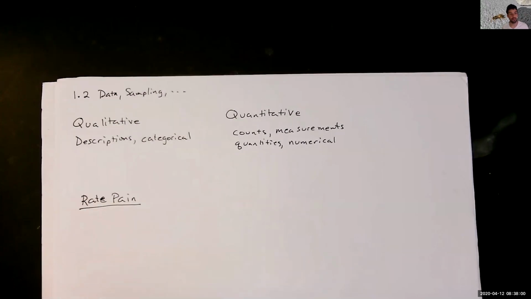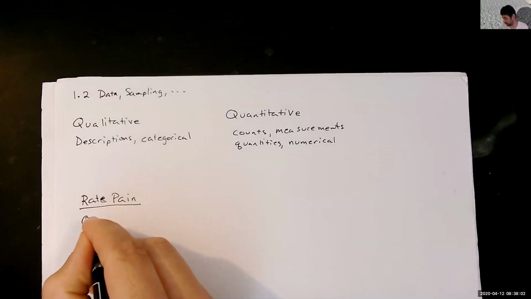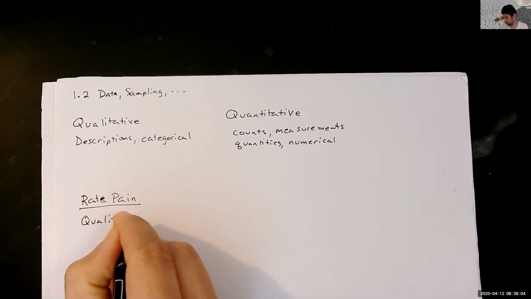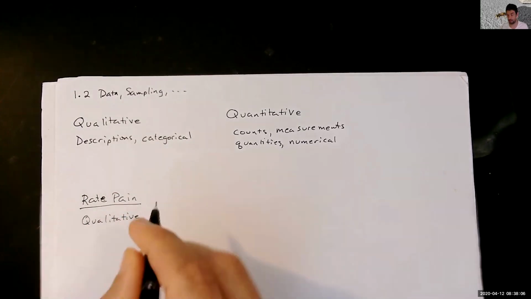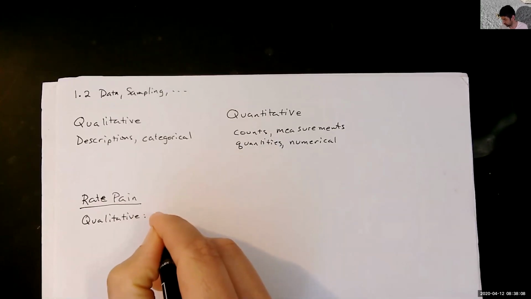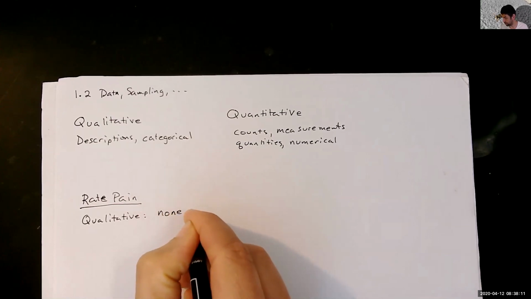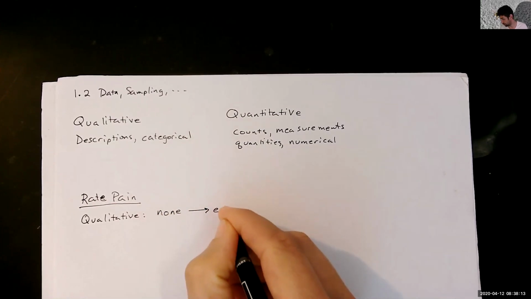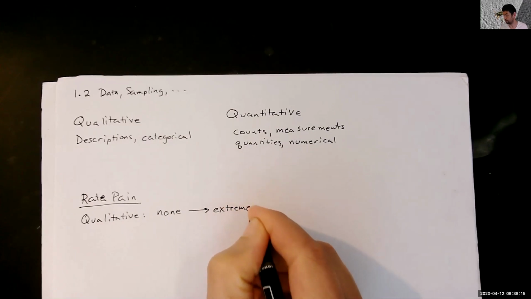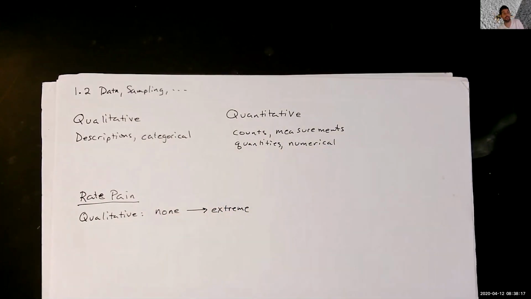So you might have a qualitative rating system. This might be something like a scale that goes from none to extreme, right? So you might have no pain, mild pain, some pain, extreme pain, or whatever words they give you to describe, right?